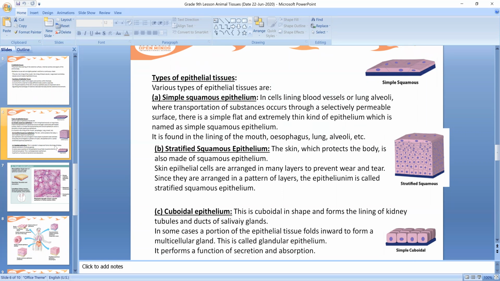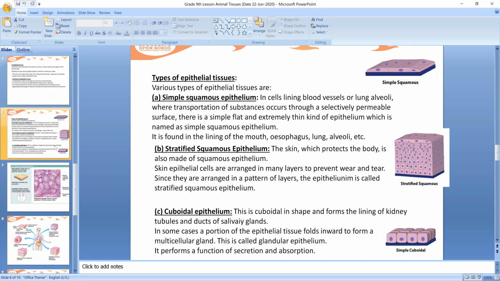It is usually present in the cells lining the blood vessels or lung alveoli, where transportation of substances occurs through a selectively permeable surface. It is flat and extremely thin, as you can see in the picture. It is the kind of epithelium which is named simple squamous.